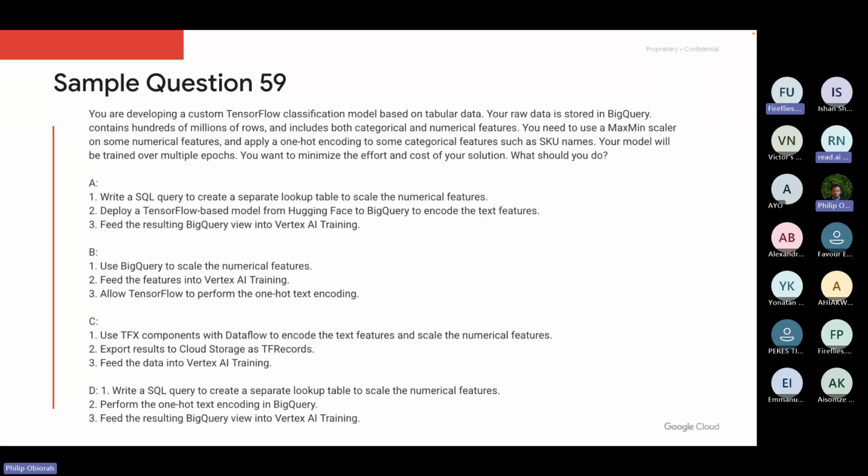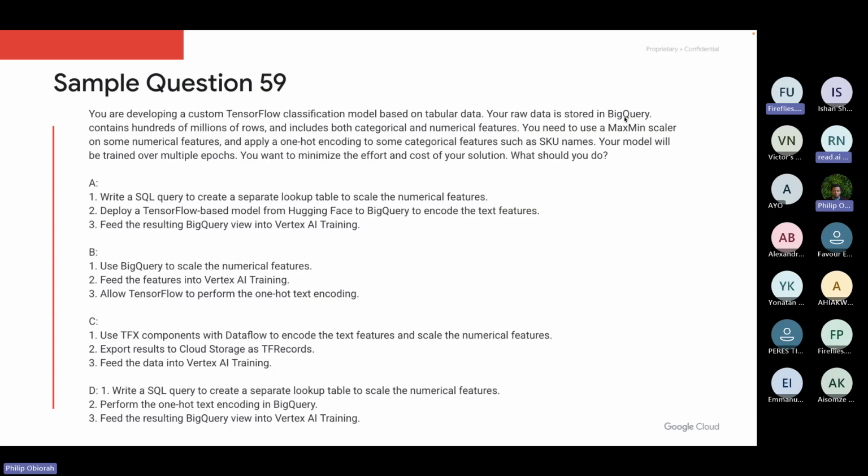Now look at where you now use TensorFlow here. TensorFlow is used to perform the one-hot encoding. Of course, you know that we've talked about categorical encoding. It has a categorical encoding layer, it has a string lookup layer, as we've already discussed, to handle one-hot encoding. So this is what keeps the BigQuery table clean. The data is stored in BigQuery, so you don't need to move it anywhere.